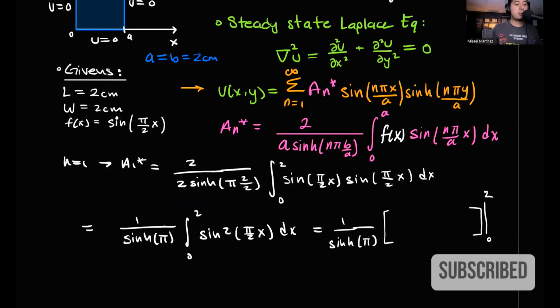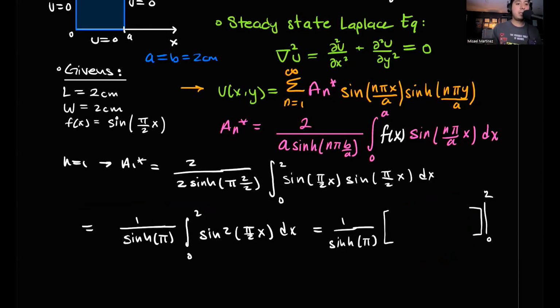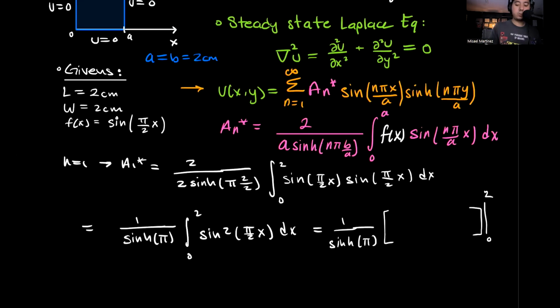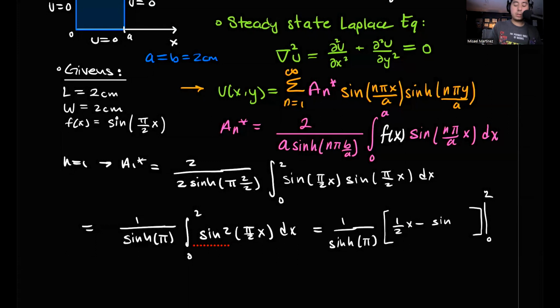What is the integral for sine square? And we will have that the integral should be the following, which is 1 over 2x minus sine of what we have, which is pi over 2 times x. Wait, no, it's twice that. So it's twice of that, which is just pi times x.